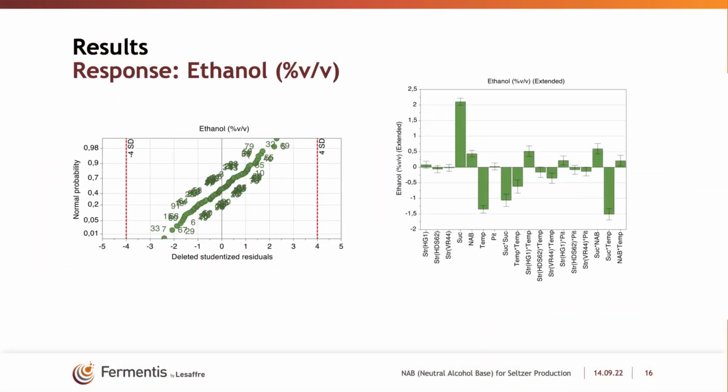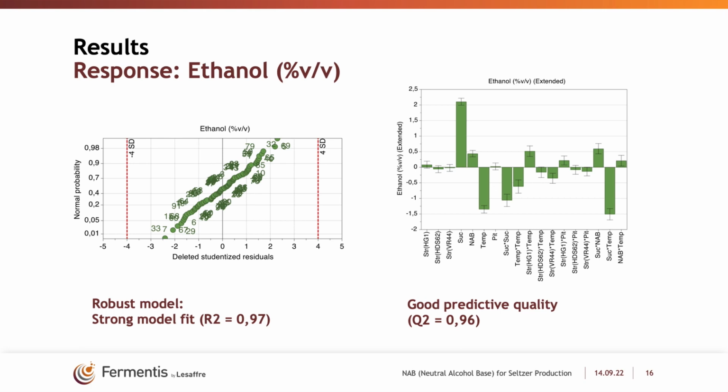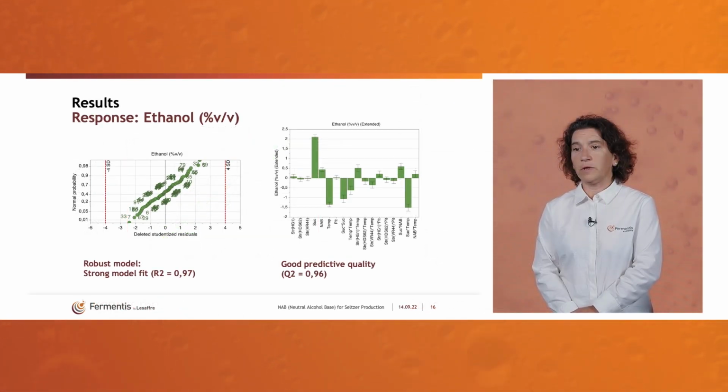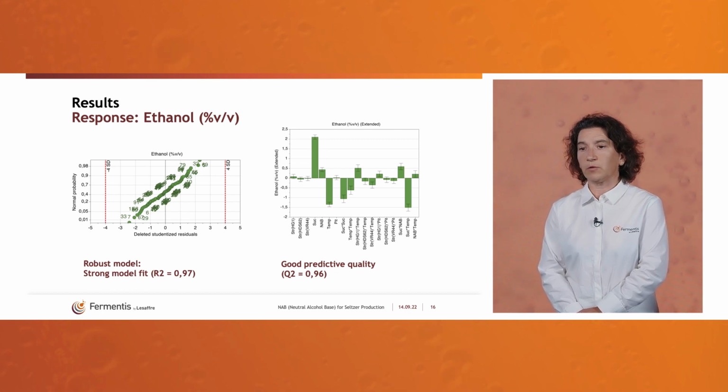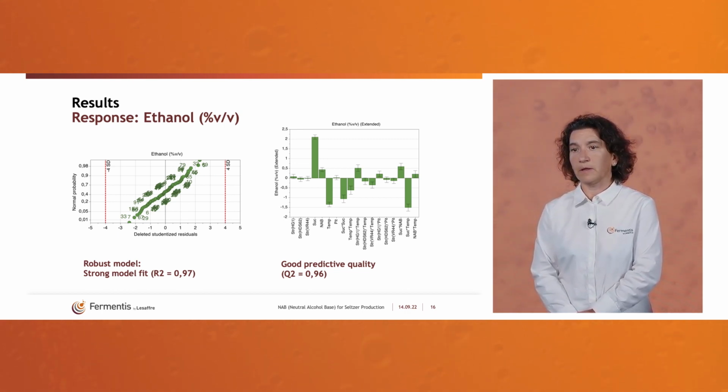So if we concentrate on the ethanol response, for example, we can see on this graph that, for the first one, we have a strong and robust model because the R2 is close to 1. And on the second graph, we can see that we have a good predictive quality with a Q2 close to 1 also.